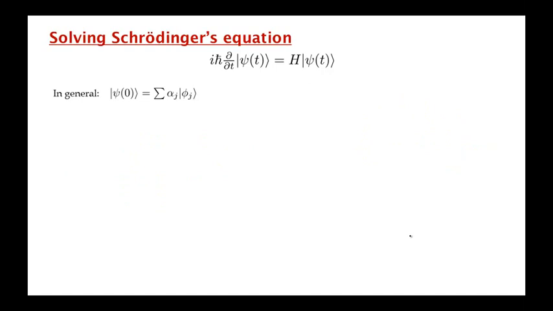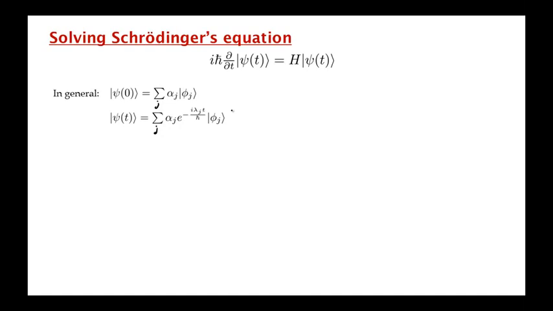Now, of course, in general our starting state is not going to be an eigenstate. It's going to be a superposition of eigenstates. So we might start with the state being a superposition over phi sub j with amplitude alpha sub j. Then, by linearity, the state at time t is just the sum over j of alpha j e to the minus i lambda j t over h bar phi sub j.